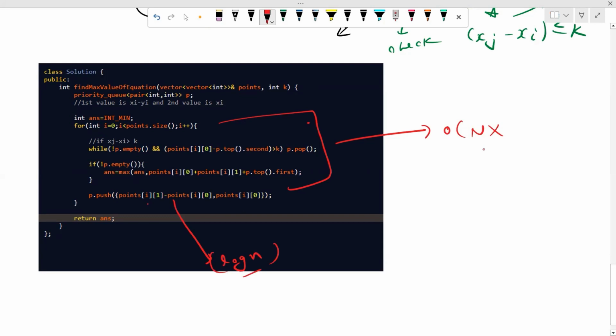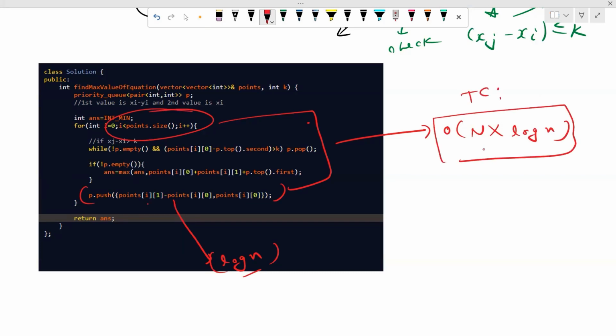So the outer loop will require n, big O of n, multiplied by log n. So ultimately this will be big O of n log n, right? So the time complexity would be big O of n log n, and the space complexity would be, in the worst case, we are inserting all the elements into the priority queue, so it will give big O of n space, right? I hope this approach is clear to all of you guys.